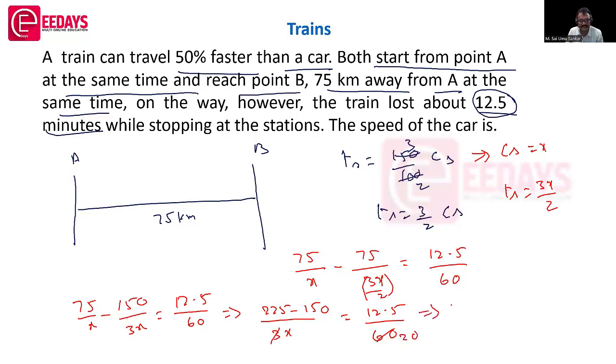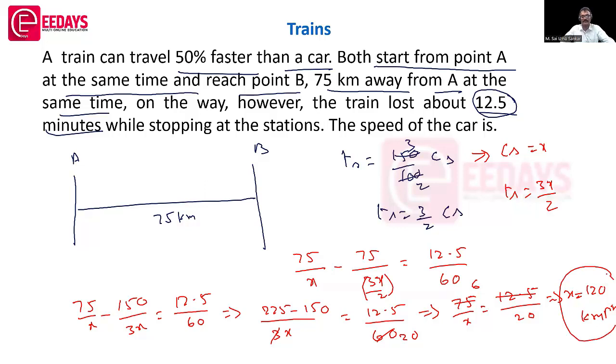This implies 75/x is equal to 12.5/60, times 20. So x is equal to 120 kilometers per hour. What was requested? Speed of the car. So what is the speed of the car? 120 kilometers per hour. Right?